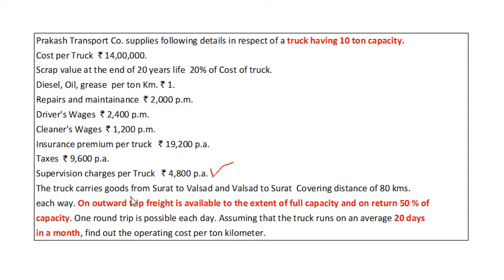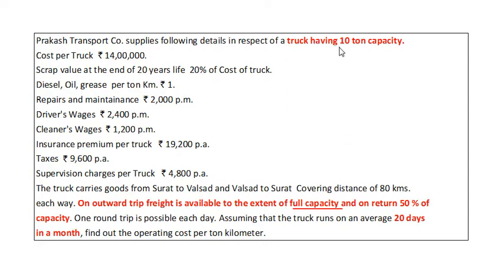The truck carries goods from Surat to Valsad and Valsad to Surat, covering a distance of 80 kilometers each way. The distance between Surat to Valsad is 80 kilometers, 80 kilometers each way. On outward trip, freight is available to the extent of full capacity.